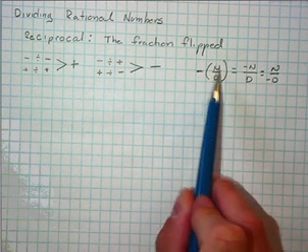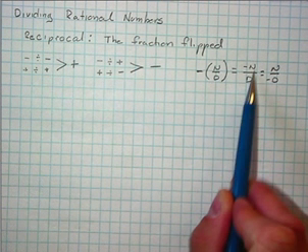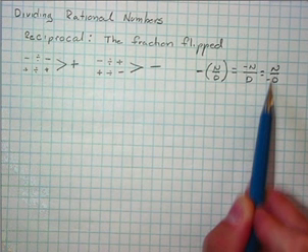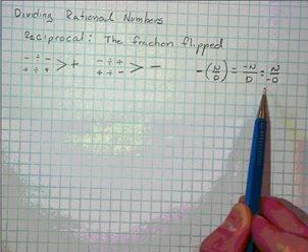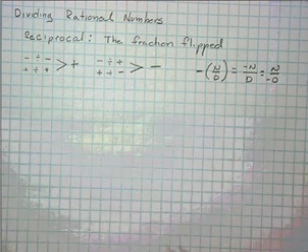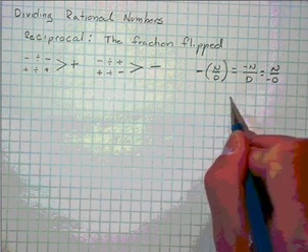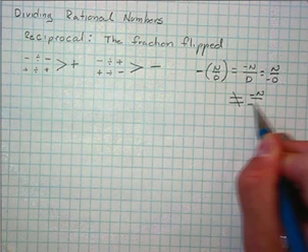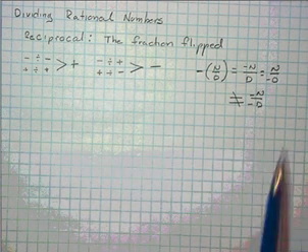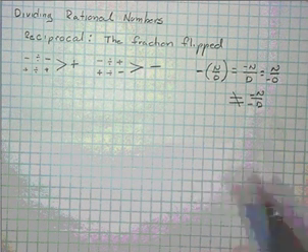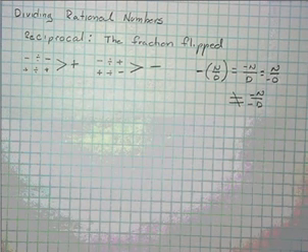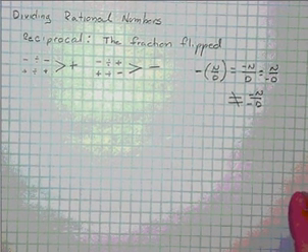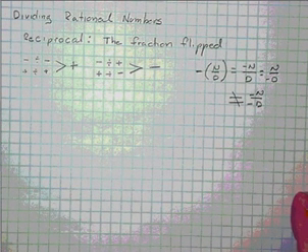Just remember that there is one negative, so there has to be one negative in our fraction. Doesn't matter if it's on the top or the bottom, the result is negative. It cannot be both negative, because now we have an even number of negatives making it positive, which is the opposite of what we want. So that does not work.